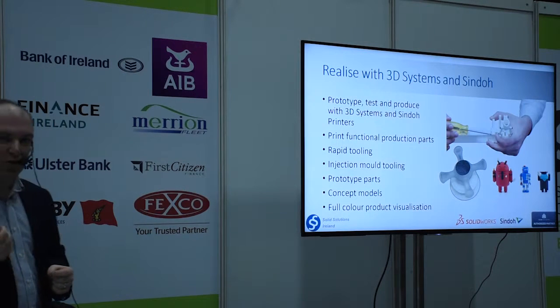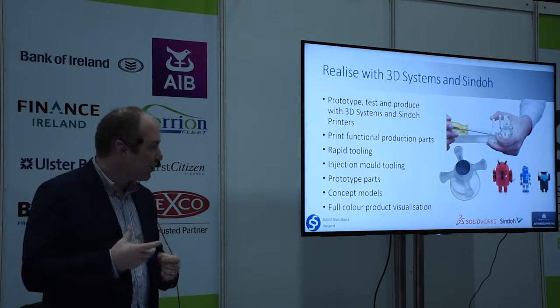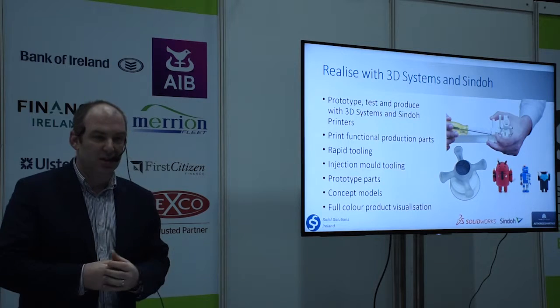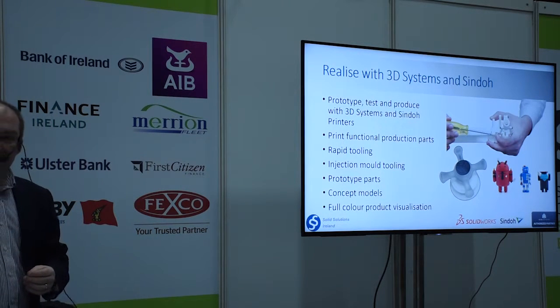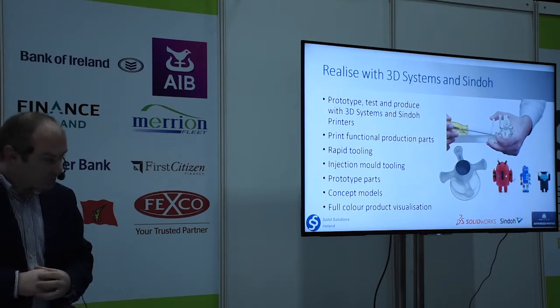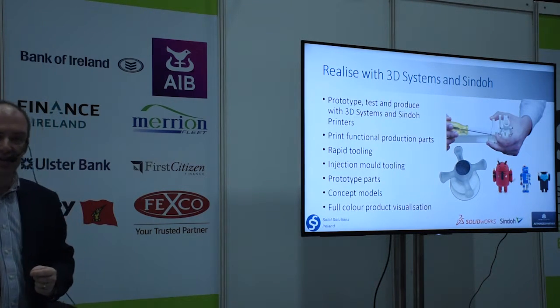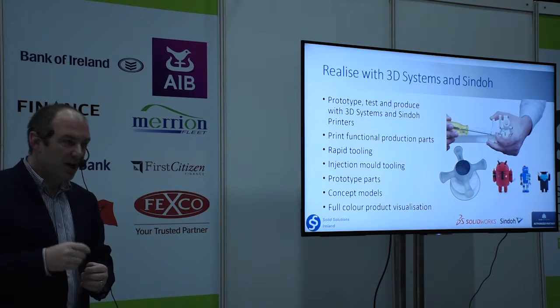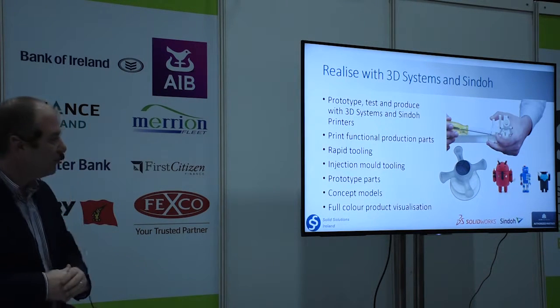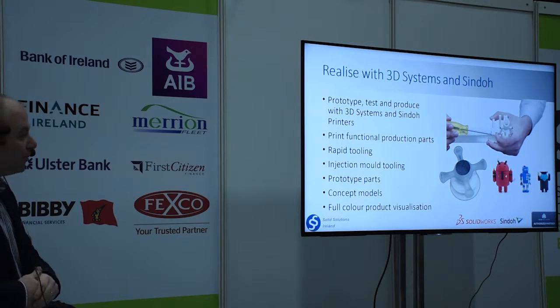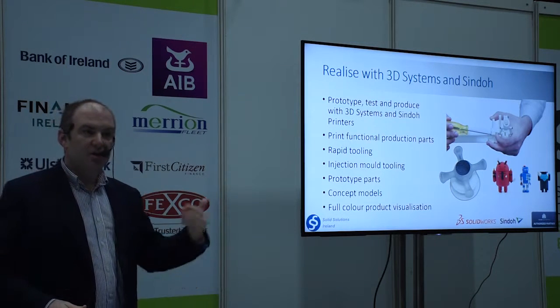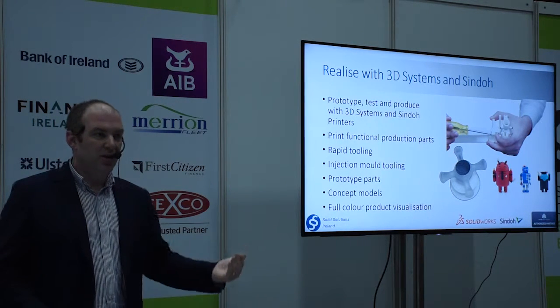We've one customer who creates blinds, or manufactures blinds. They design them within SolidWorks. They actually had a flaw in their design. And the solution to the problem was very, very simple. It was a little nodule that allowed it to fit onto the rail. But they hadn't got time to send it back for manufacture or redesign it.